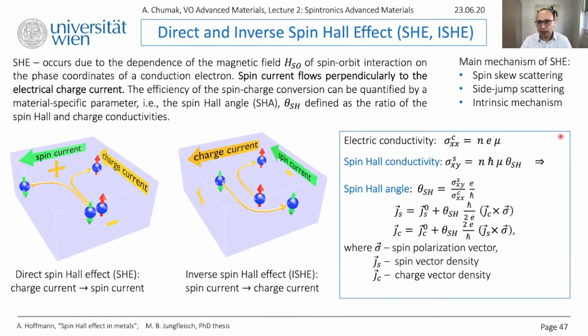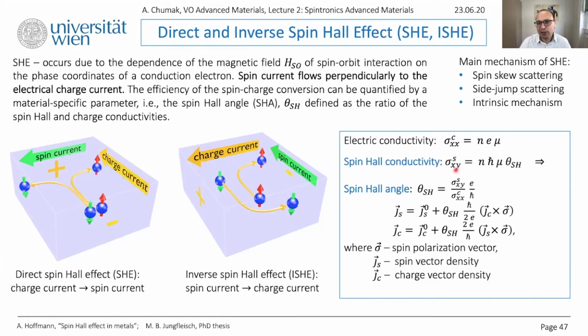Okay, then I would like to attract your attention to these formulas. Here we are speaking about the electric conductivity in the XX direction. So this is the classical electric conductivity, which is proportional to mobility, as we discussed in the lecture on electric conductivity. And now we introduce the parameter of spin-Hall conductivity. Again, it's very similar to the values which we introduced when we were discussing the Hall effect, but then we were speaking about resistivity, and here we introduce conductivity, which is inverse.